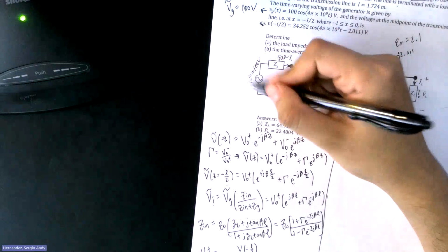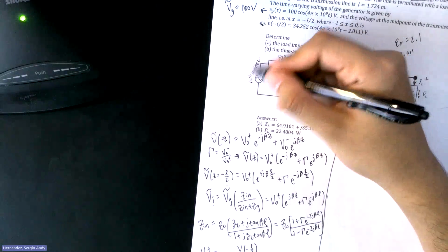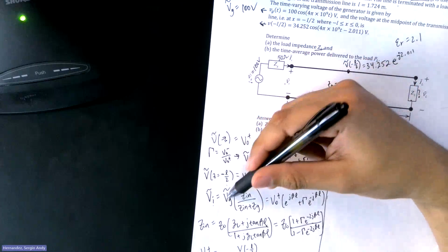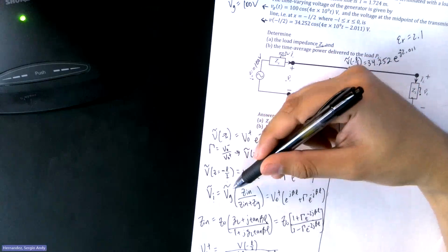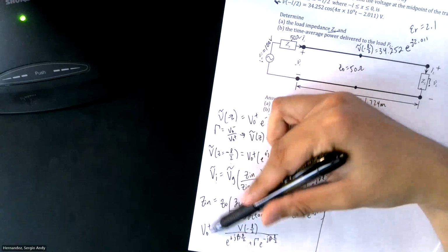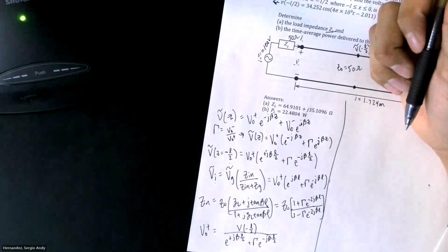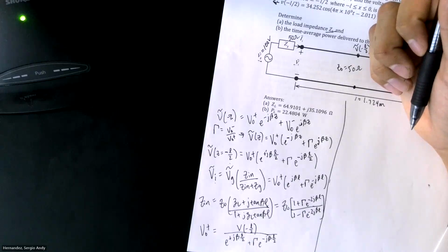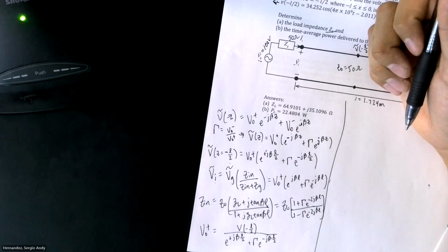And then is there any way we can do it given that VG formula? Since we're given the value of VG, is there any way we can manipulate this formula to make it look similar to this one? Oh, I see.